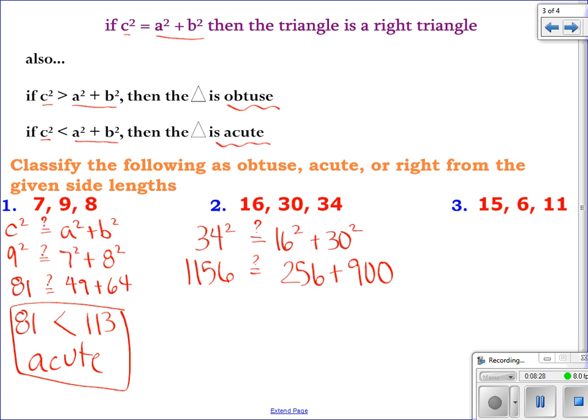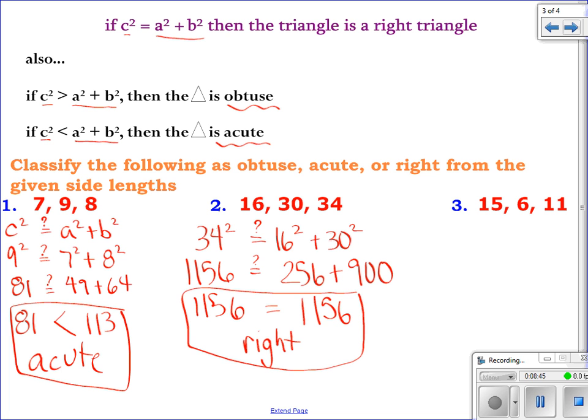So we got 1156. What about these put together? Okay, so this one is equal, so it's a right triangle. That's the complete answer.